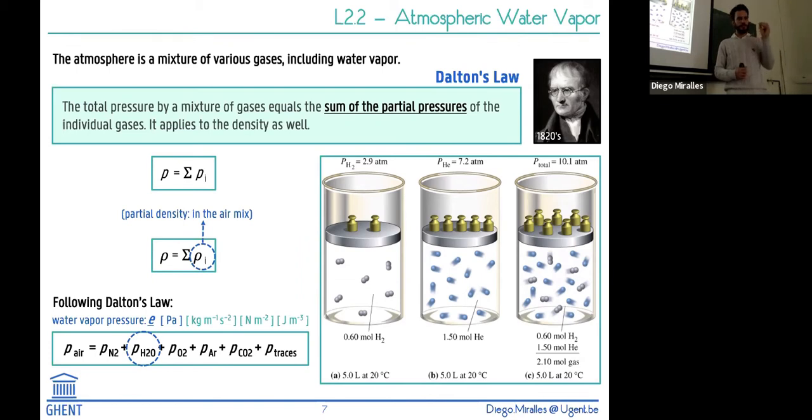So pressure is really a force per surface, right? One way to measure the pressure of a gas is to put an equivalent force on top until it's in equilibrium, what we call hydrostatic equilibrium.